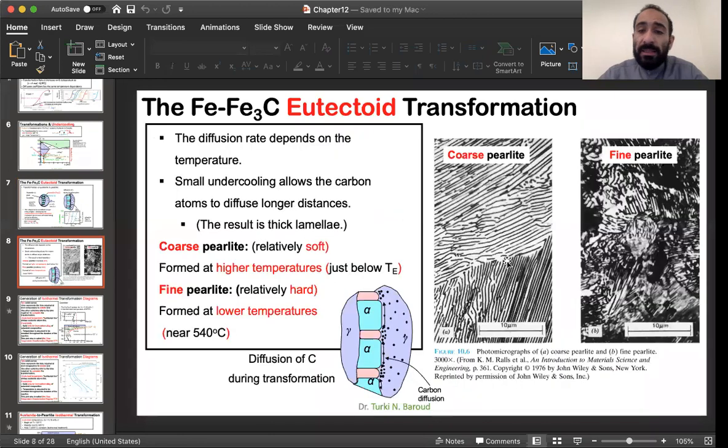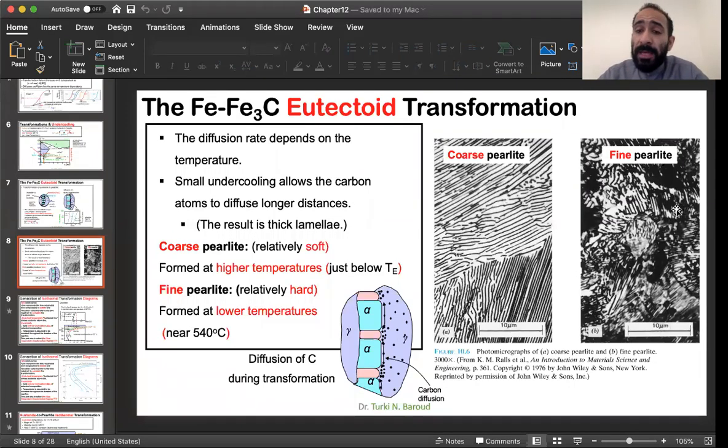We also said that if you cool down to a higher temperature, because carbon has more energy, it's going to diffuse a longer distance, and that results in thicker layers, what we call coarse pearlite. If you cool down to a relatively lower temperature, you end up with a thinner layer because you're providing less energy to the carbon, and as a result you end up with what's called fine pearlite.